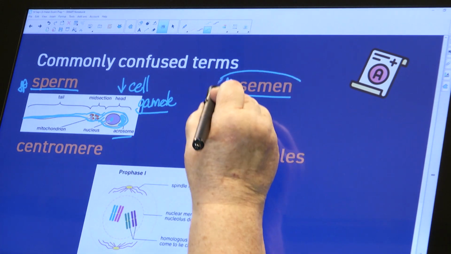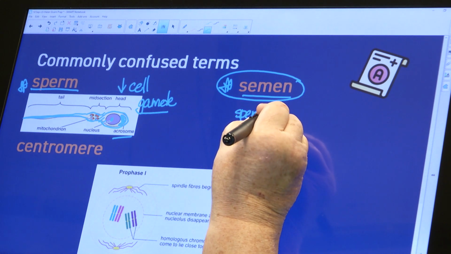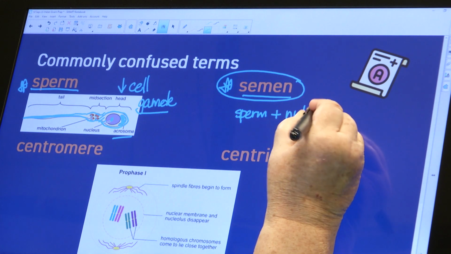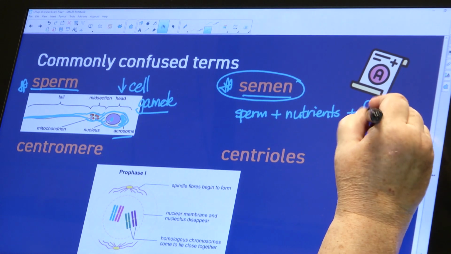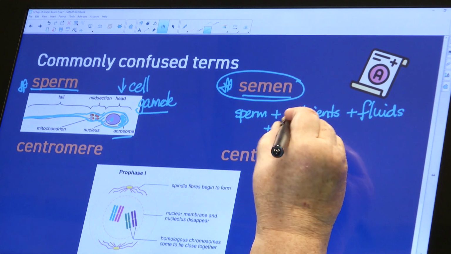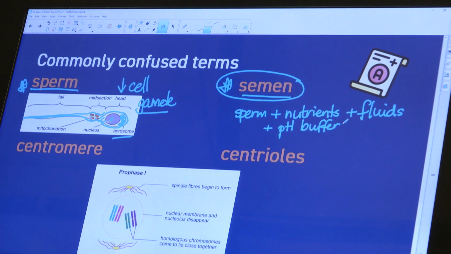When we talk about semen, we're talking about sperm plus nutrients plus some fluids, as well as, also in a fluid form, a pH buffer that is going to stop acidity either in the urethra or in the vaginal canal from killing the sperm cells.